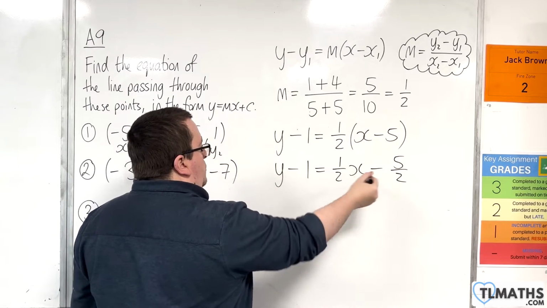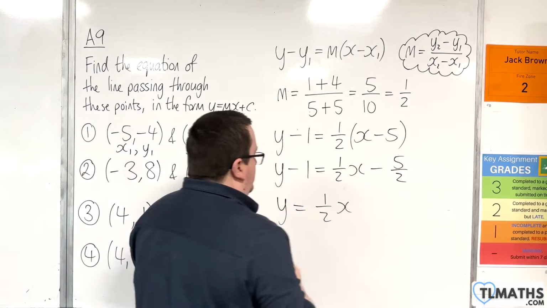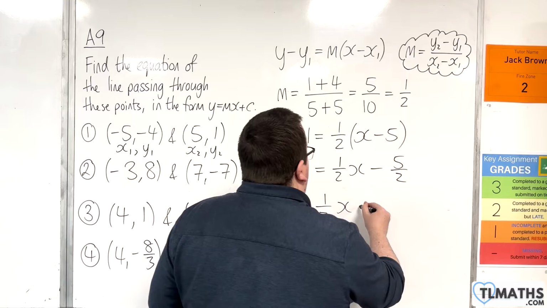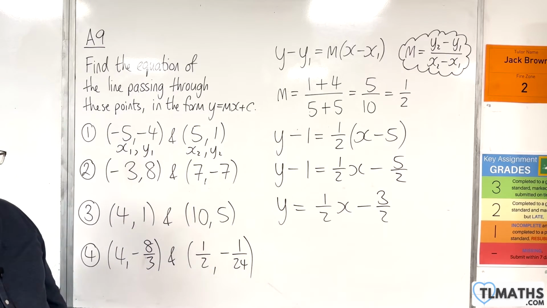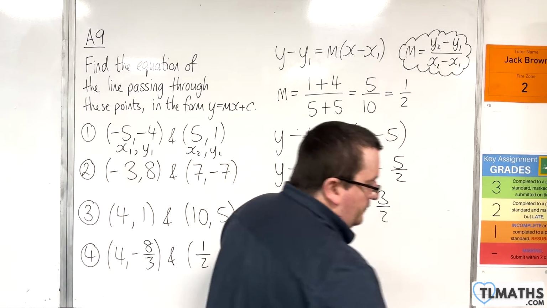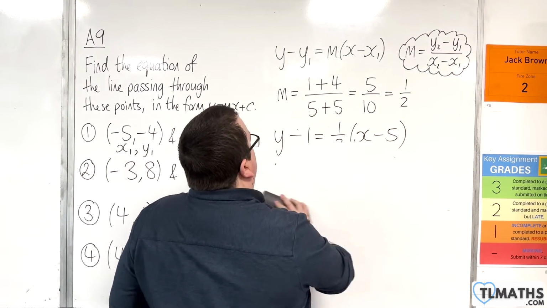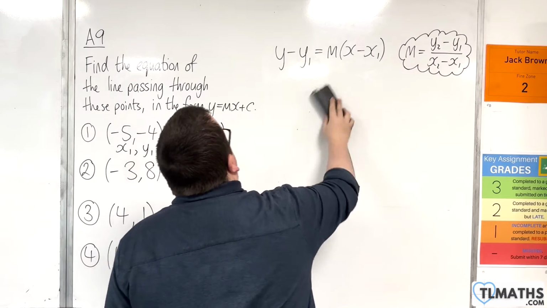And then add 1 to both sides. Make sure you use the calculator for whatever you need to. And so we get minus 3/2. And so that's the equation of my line. This is all about making sure you can get the process down regardless of the values that are thrown at us.